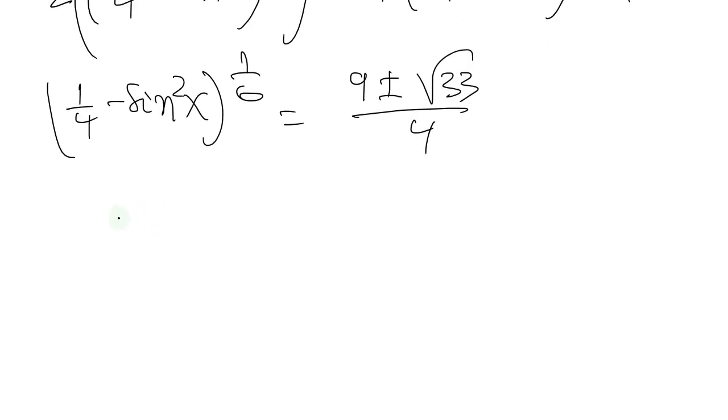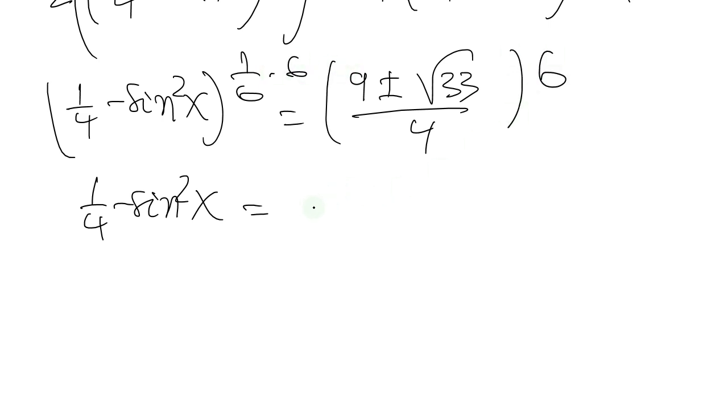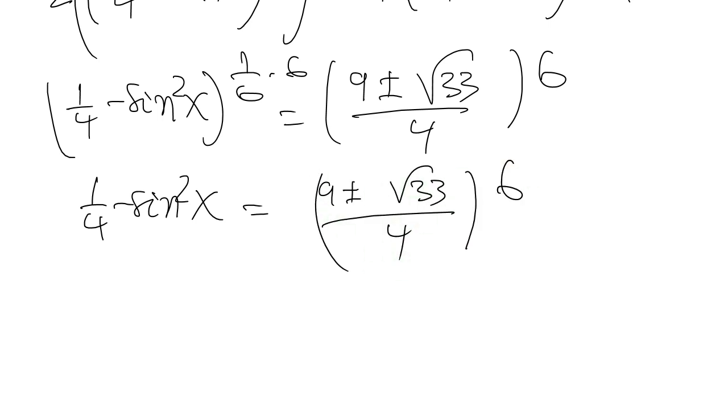So this means that 1 over 4 minus sine square of x is equal to, taking both sides of this equation to the power of 6, 9 plus or minus square root of 33 over 4 to the power of 6.